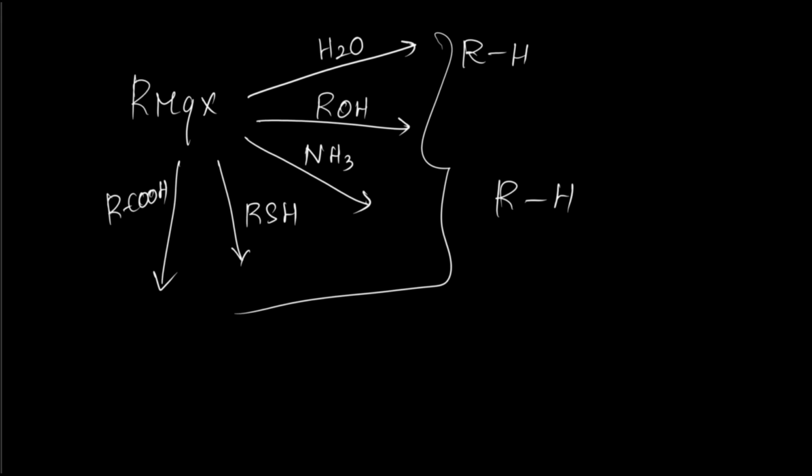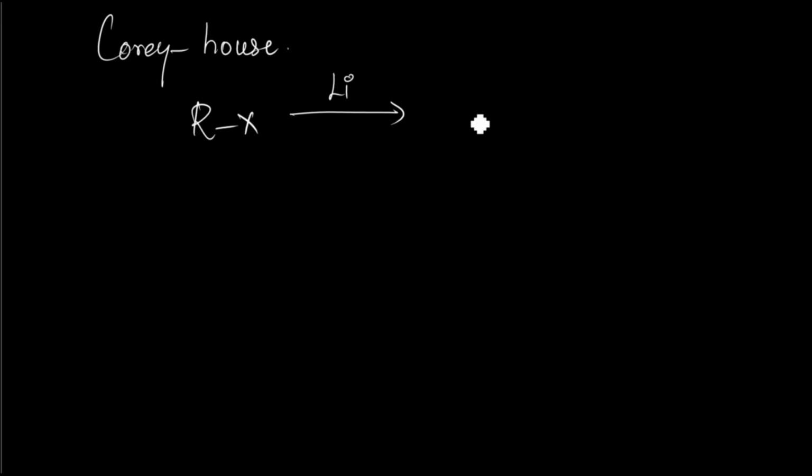The next important named reaction is the Corey-House alkane synthesis. Here we are taking RX treated with lithium. This alkyl group can be primary, secondary and tertiary, no matter what.